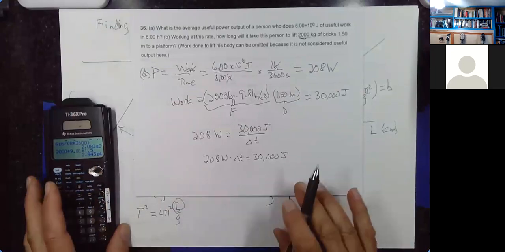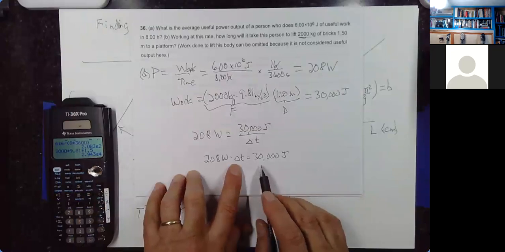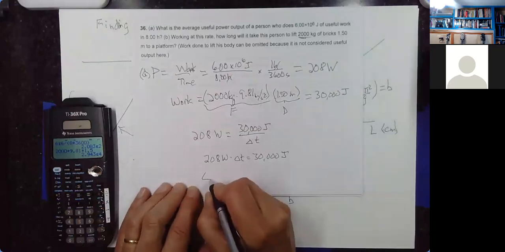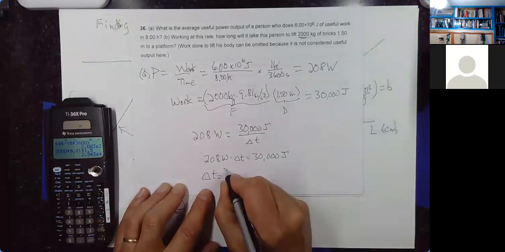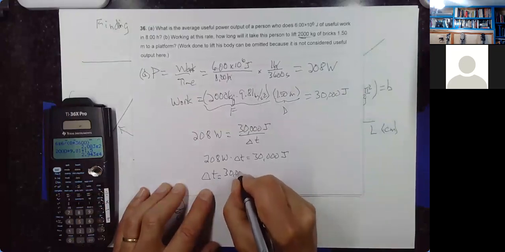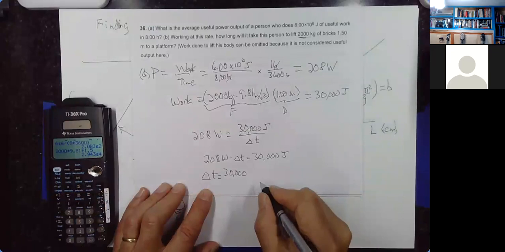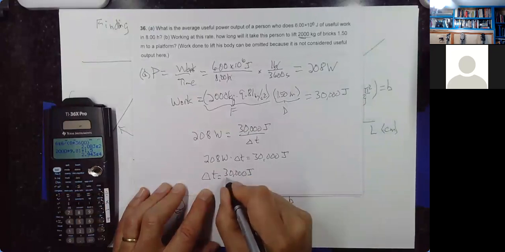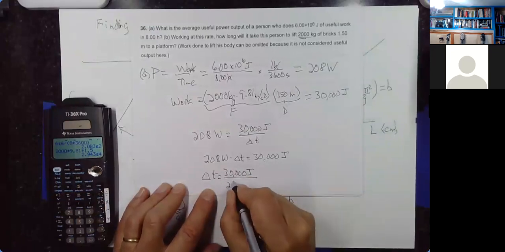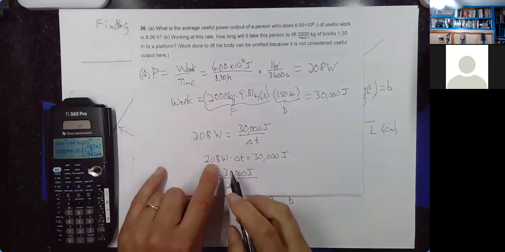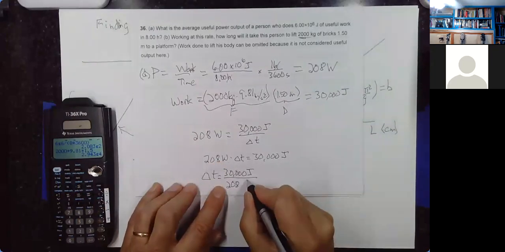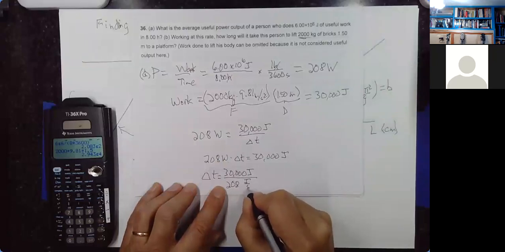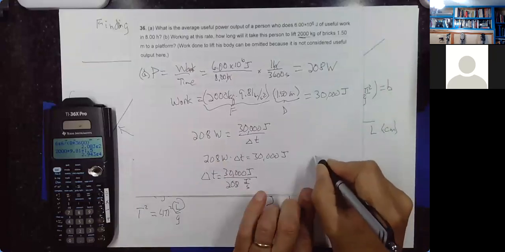And if you've got that locked in, now I divide both sides by 208. So delta T will equal 30,000 joules divided by 208. Now I'm going to rewrite that watt as a joule per second. And unit-wise, I've got joules on top.